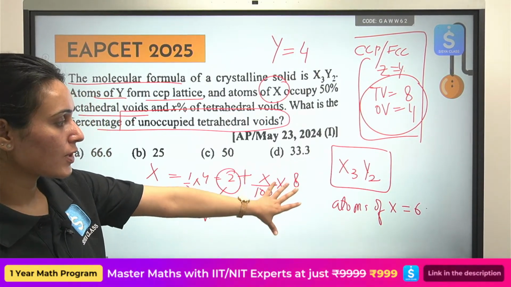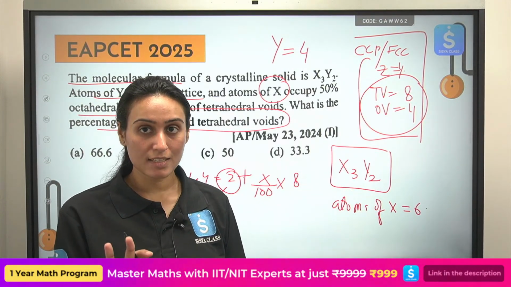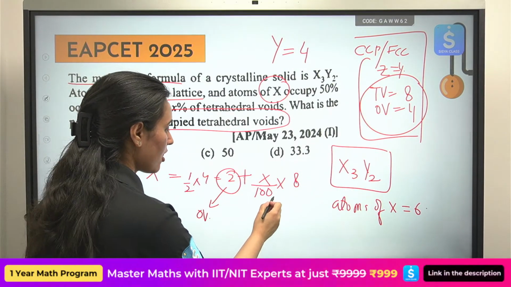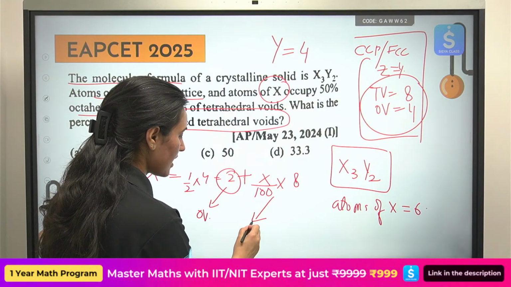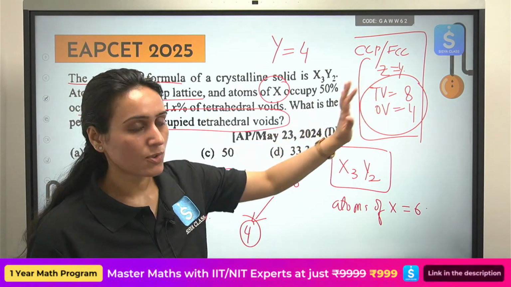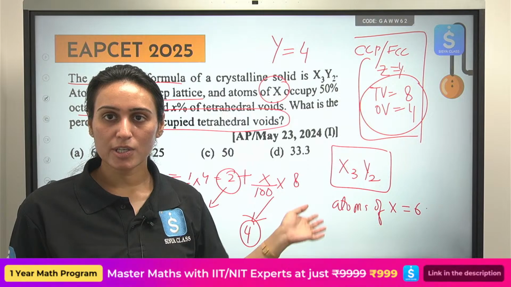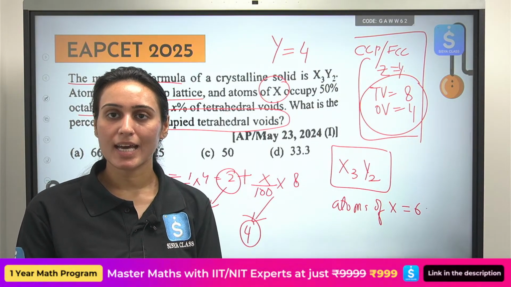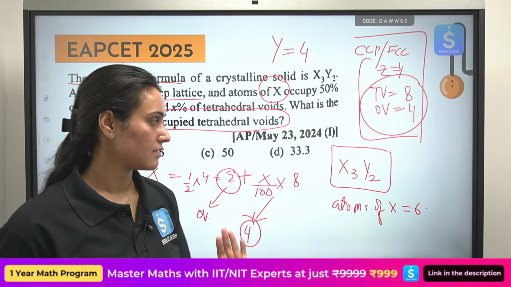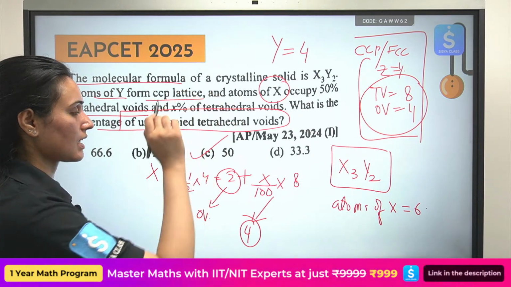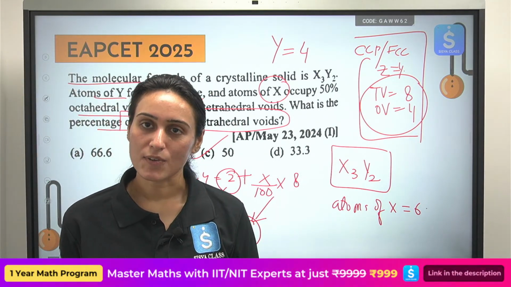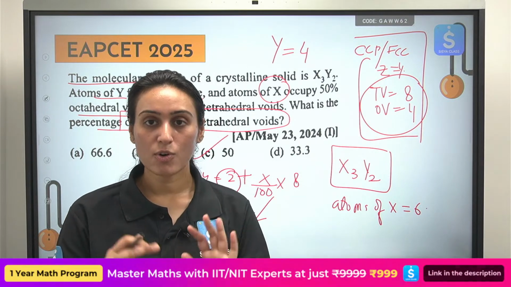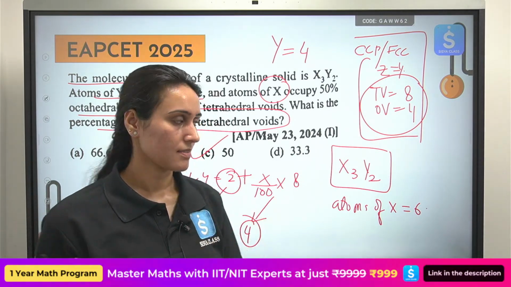So rest will be in tetrahedral voids. As simple as that. So how many tetrahedral voids must be occupied? 4. How many are total? 8. 4 are occupied, total 8. So 50% are occupied, 50% are left unoccupied. Correct answer is option C. That is how you can answer it. Alright. I hope this is making sense to everyone.